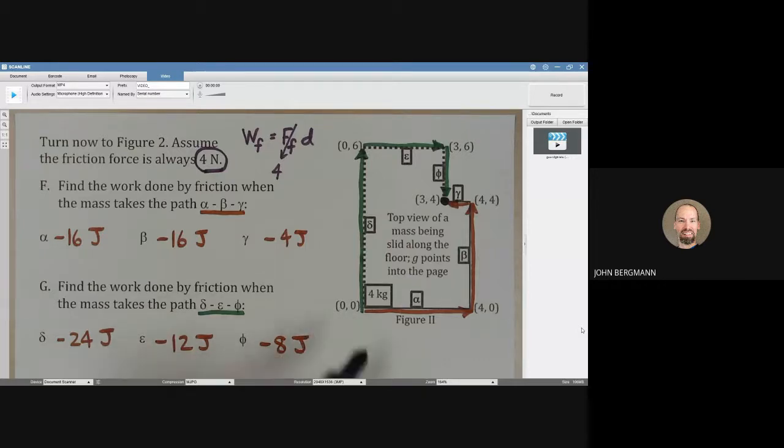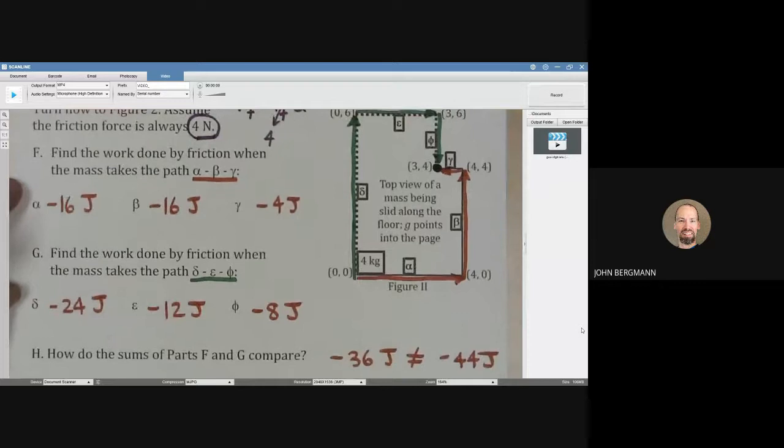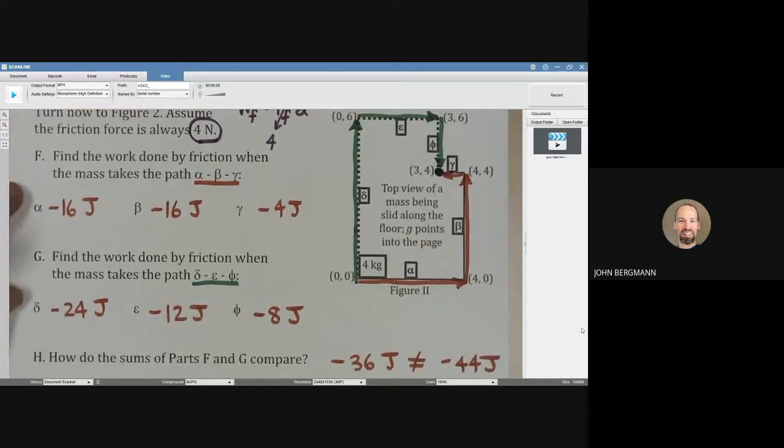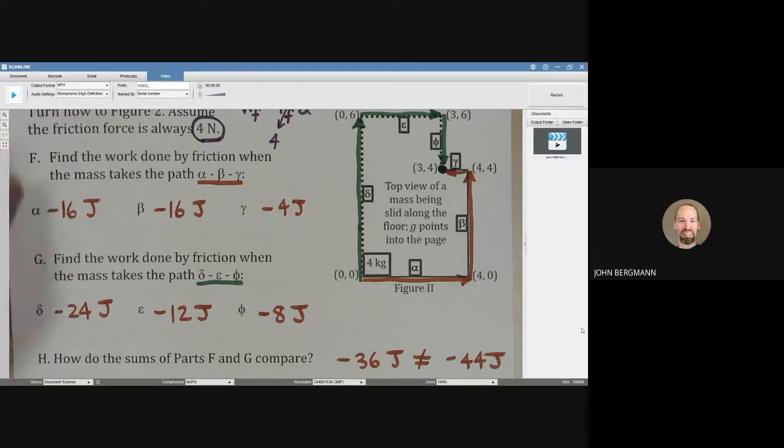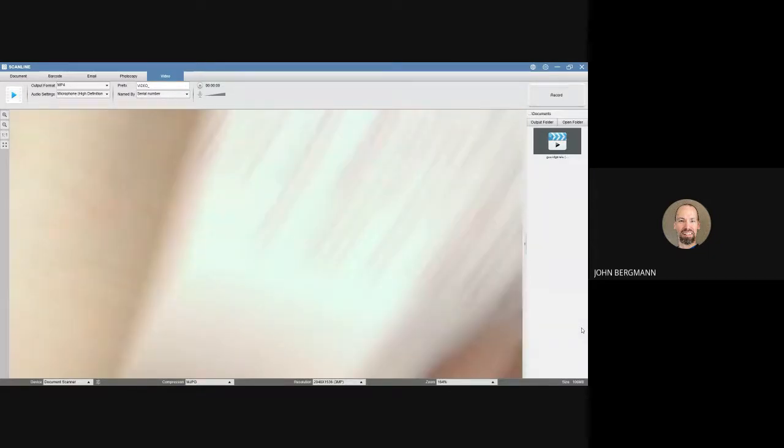If you take the green path, and perhaps I should have written these numbers in green, you get negative 24 there, negative 12, negative 8. When you sum up the green values and you sum up the reds, you do not get the same number. That would indicate that friction is a non-conservative force.